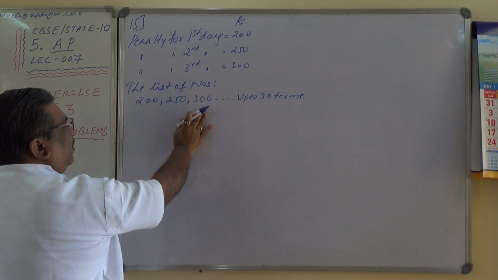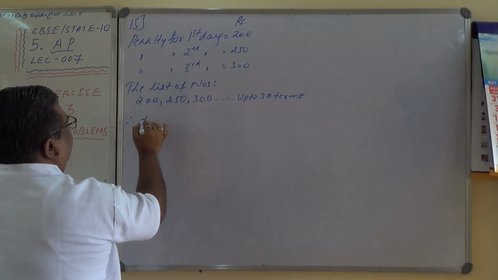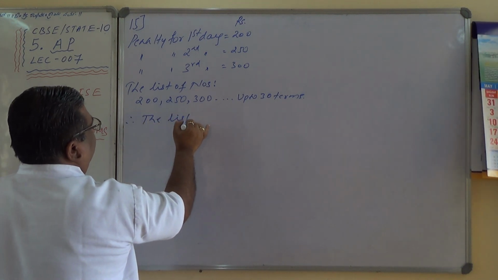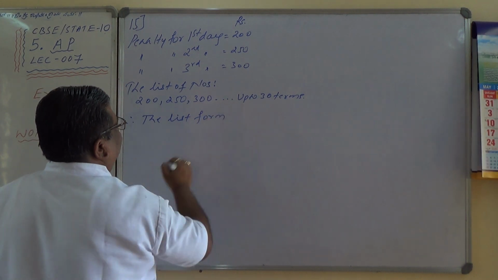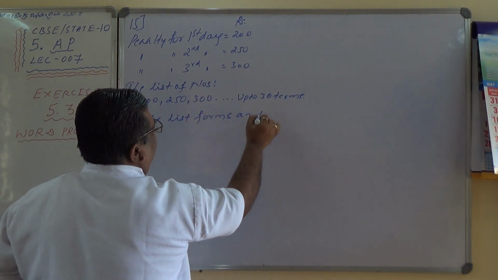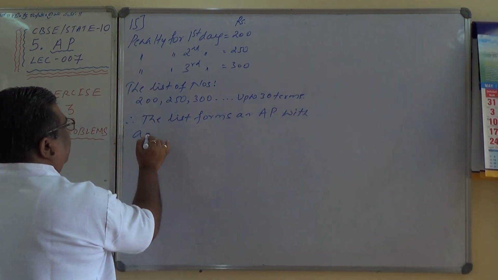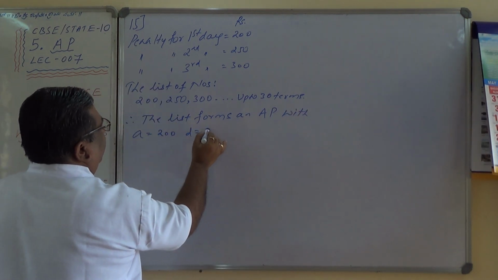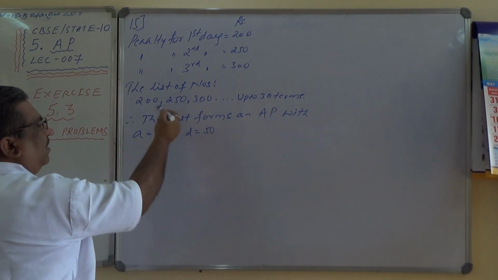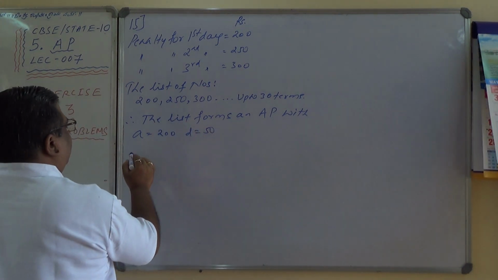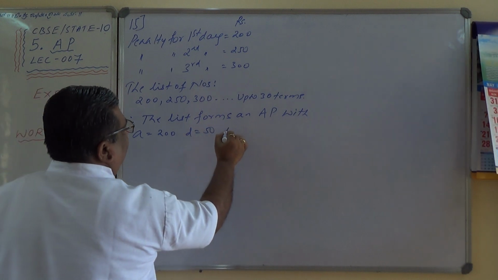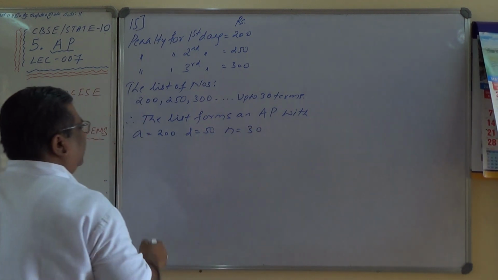Definitely it is forming an AP over here. Therefore the list forms an AP with a equals 200 and d equals 50, because the common difference is 50, and n is 30 days, therefore 30 terms.